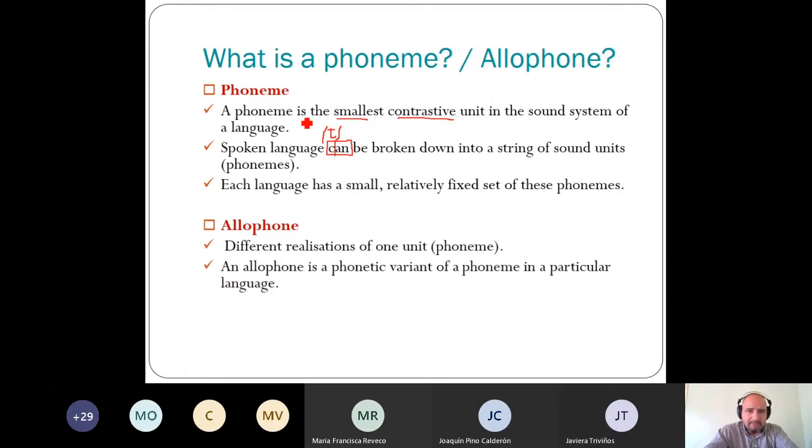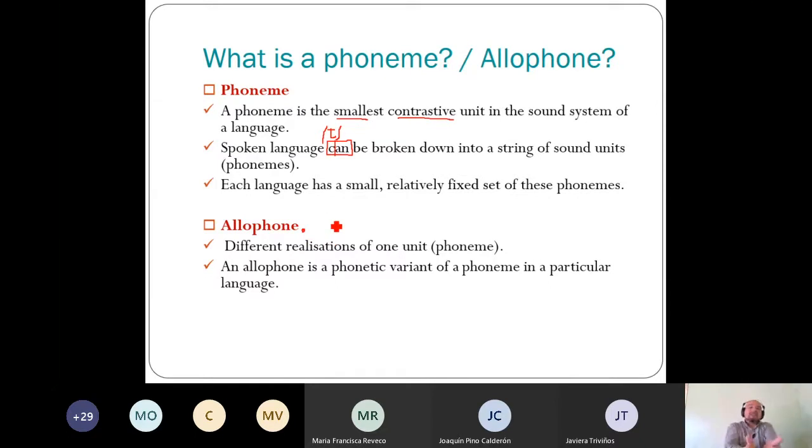I think we refer to allophones in Spanish like ch and sh. They are allophones because they don't change the meaning of the word. You can say chaqueta and shaqueta, chala and shala, chicha and shisha, Chile and Shile.